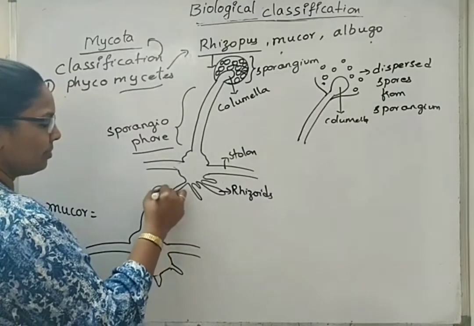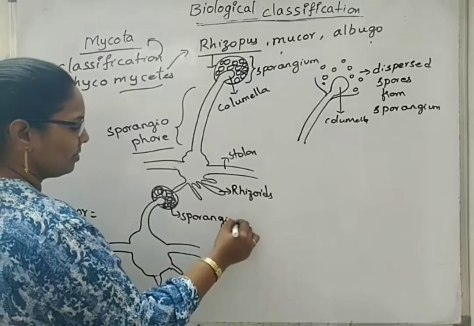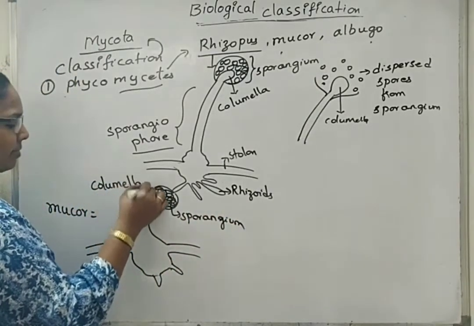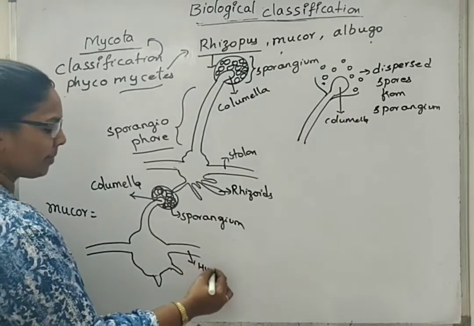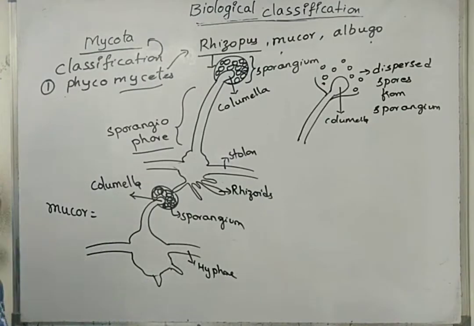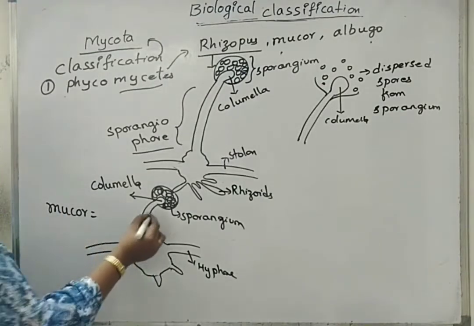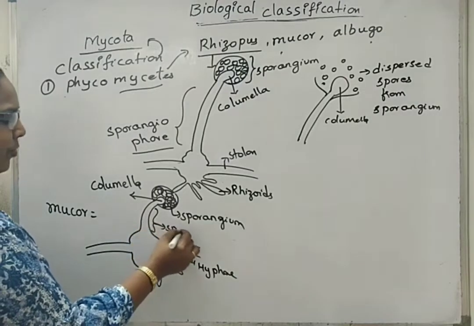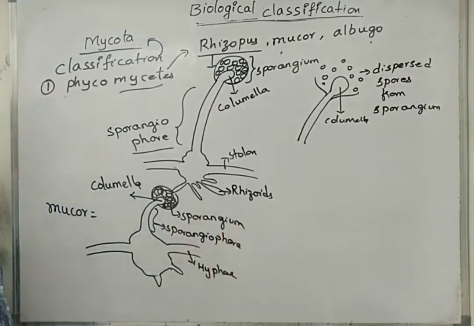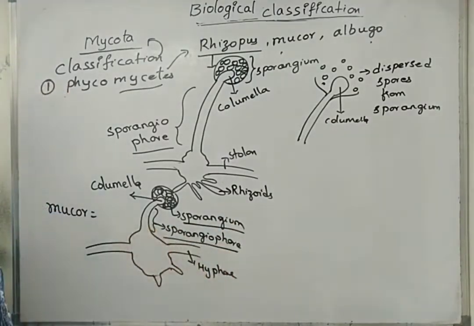This is the sporangium, and this is the columella. This is hyphae, but not stolon. The term stolon is not used in case of hyphae. This is the base part, and only this much of structure we can call sporangiophore. So this is the difference between sporangium and sporangiophore.